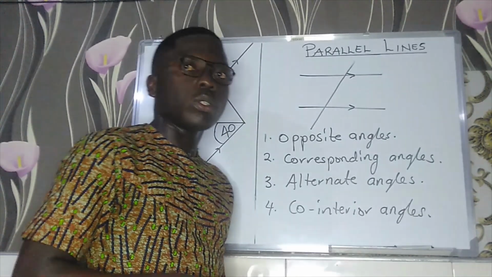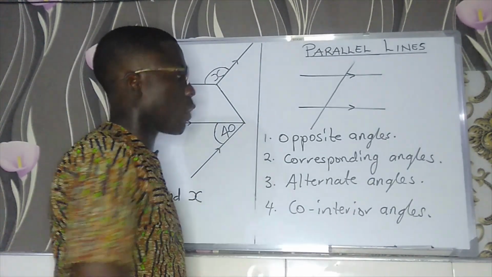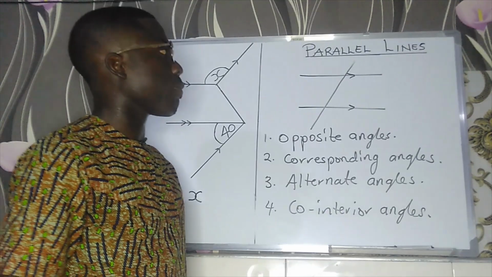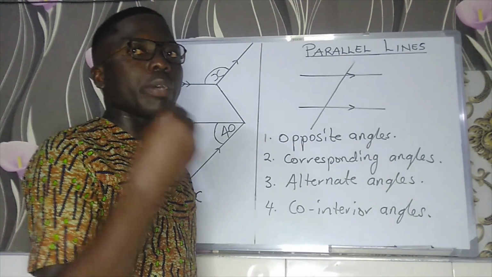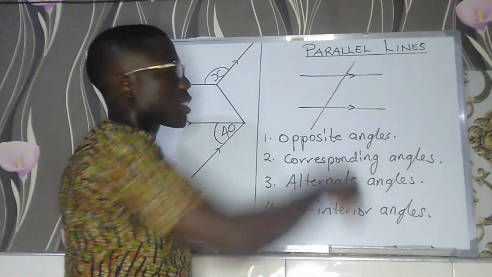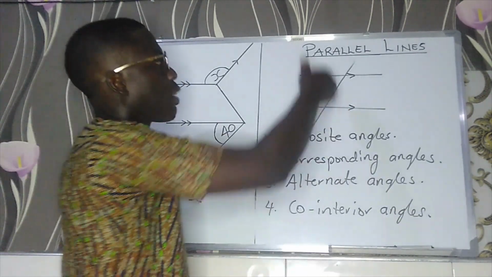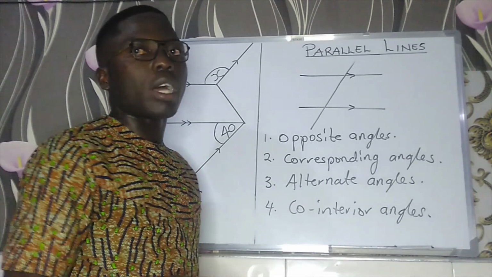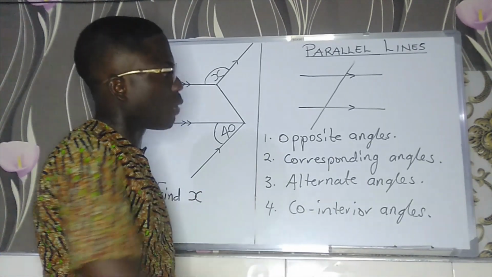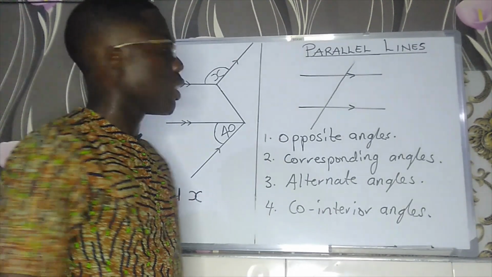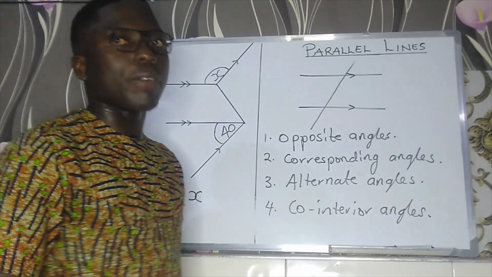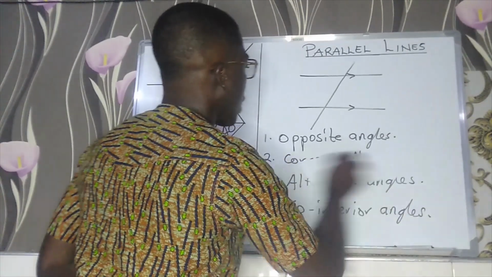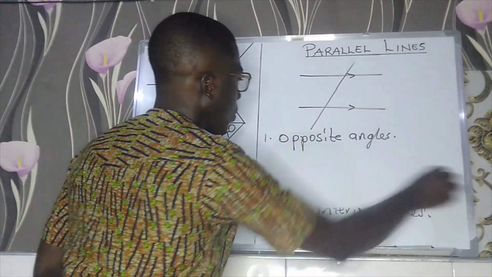Good. So we will get into all these four types of angle, and these types of angles come as a result of a transversal line. When the line crosses through parallel lines, we have these following angles formed. So we will start with the opposite angle as the first among the rest.